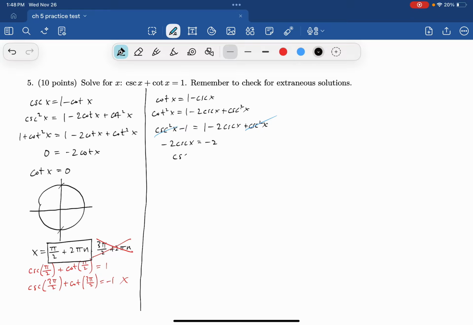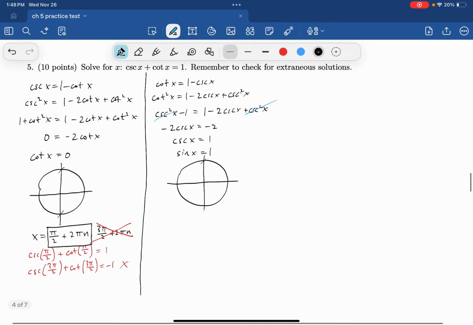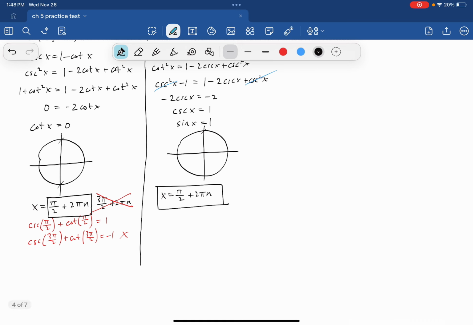And so cosecant x equals 1, which means that sine x equals 1. And so that gives us only that point, which means that x equals pi over 2 plus 2 pi n. And we've already verified that, right? But I'll write it again.